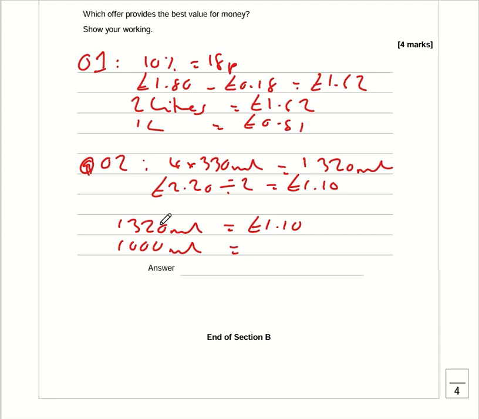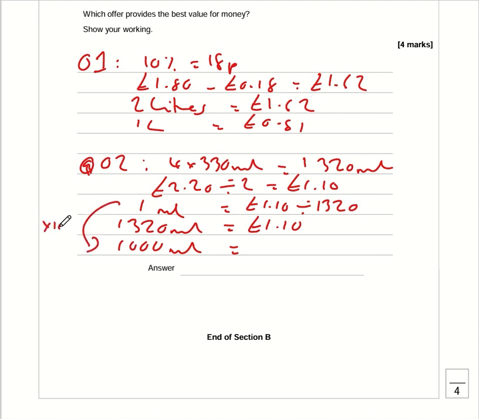It's very difficult for me to work out how to go from 1,320 to 1,000. So what is 1 millilitre? If 1,320 is £1.10, then 1 millilitre is £1.10 divided by 1,320. We could work out the actual figure there, but I'm not really interested in what 1 millilitre costs, because I want 1,000 millilitres.